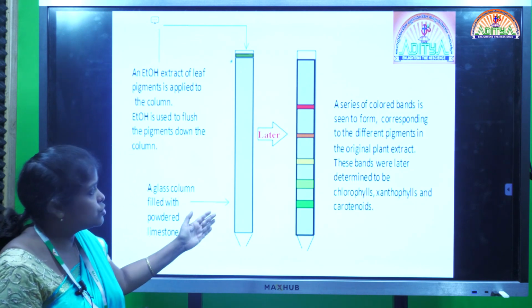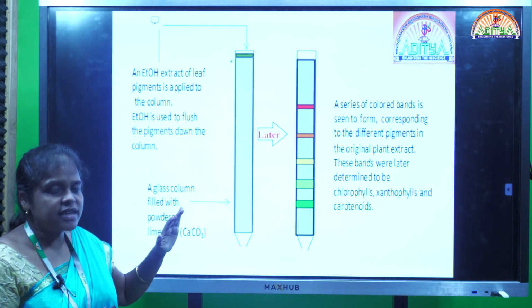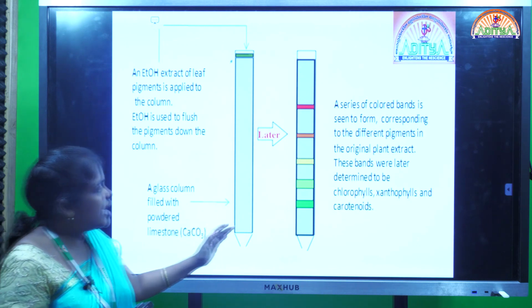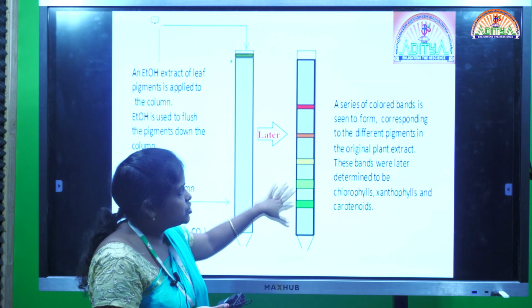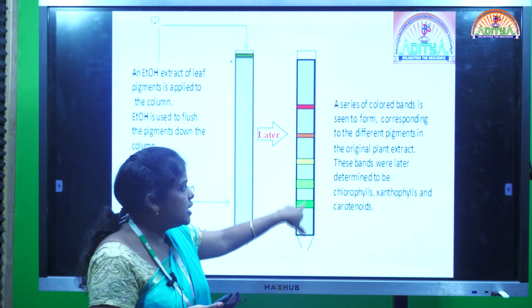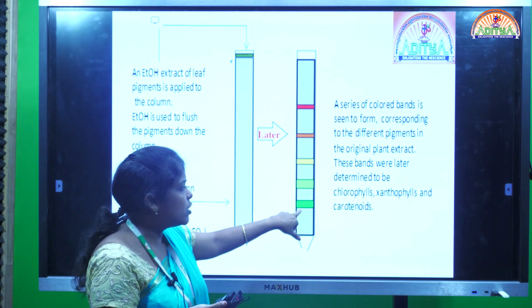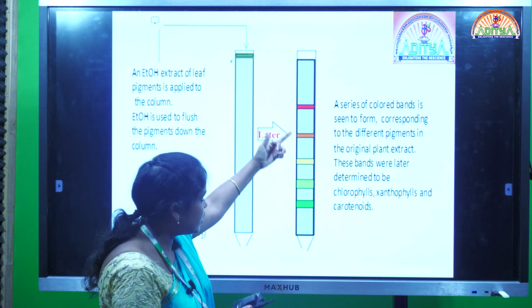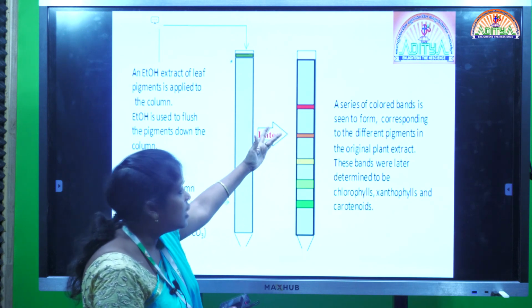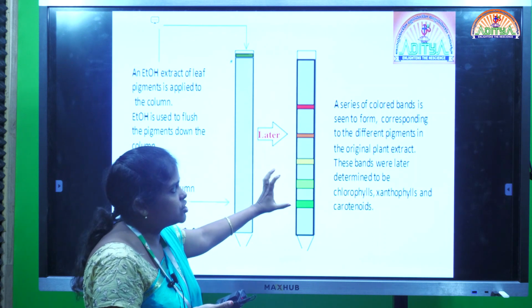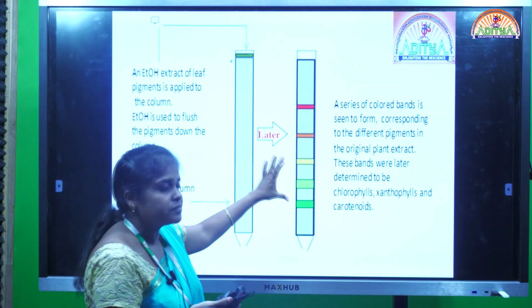Whenever they introduced those leaf extracts having different color pigments, they were eluted in different ratios based on their distribution. They got the green colored pigments quickly because they have a different distribution ratio, whereas the orange and red colored bands were not eluted as fast. So based on the distribution ratio, these pigments showed different types of color bands.